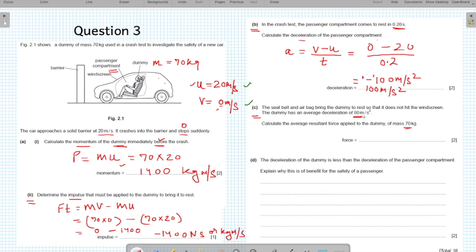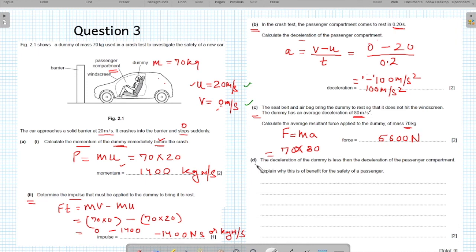Deceleration is same as acceleration. You simply use the formula for force, F is equal to ma. Mass is 70 times 80, and this will give you your answer, which is 5600 newtons. Fine, easy question.